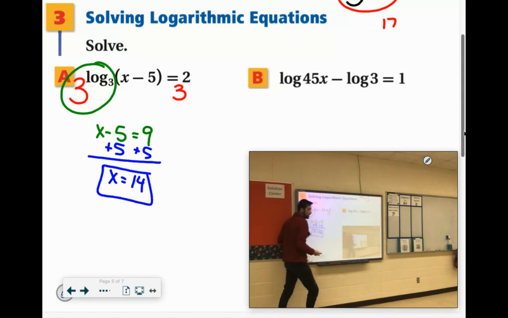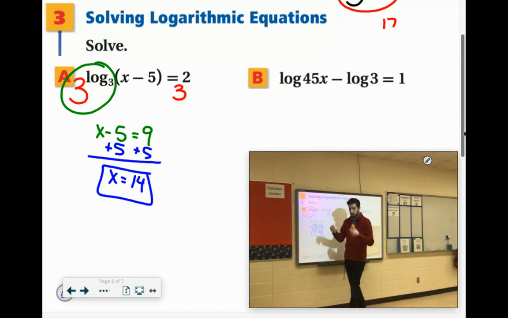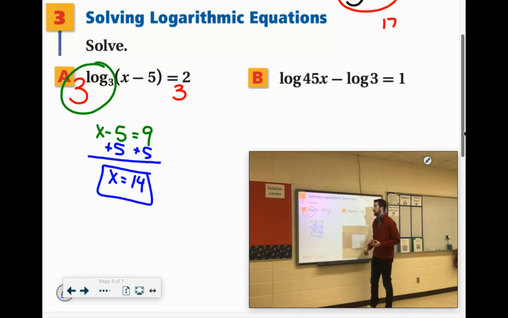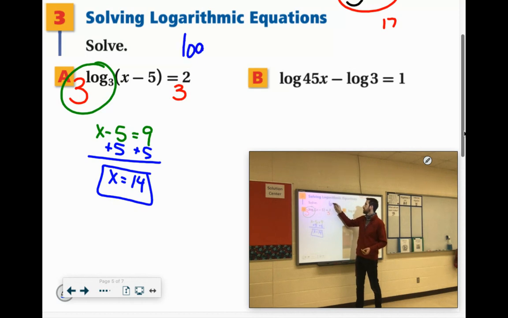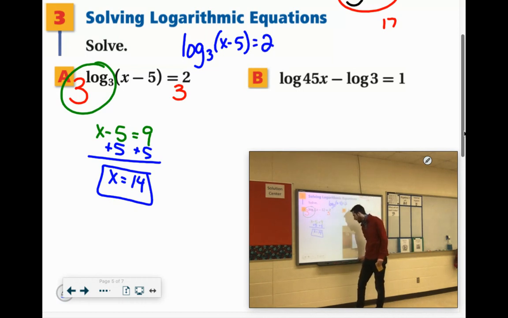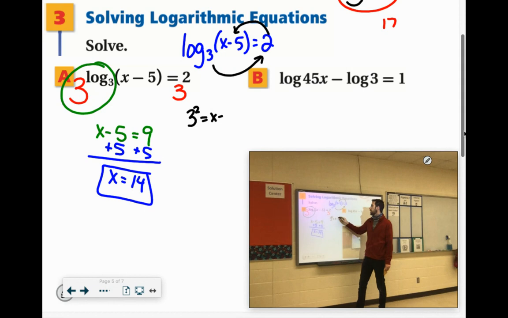So you can assign a new base to both sides as long as you give that same base to both of them. Another way you can do this problem is the initial setup, log base 3 of x minus 5 equals 2, you could just write it in exponential form. So you'd say 3 to the 2nd power equals x minus 5.